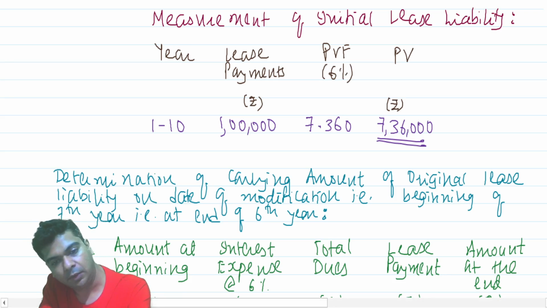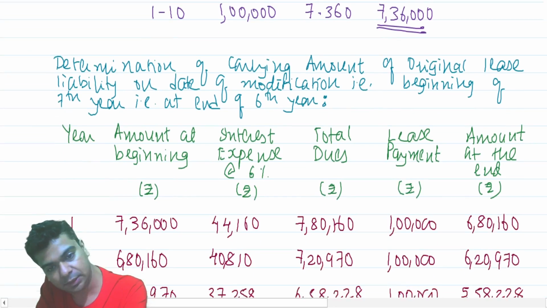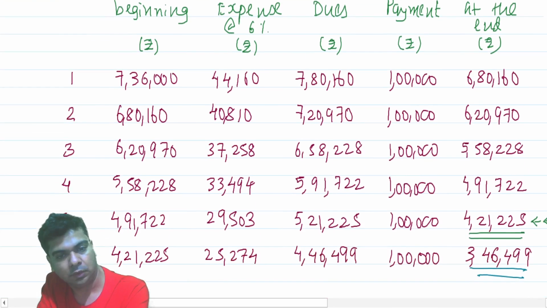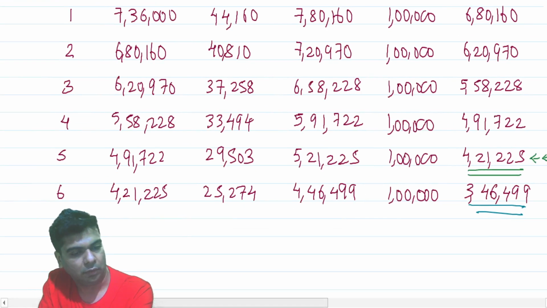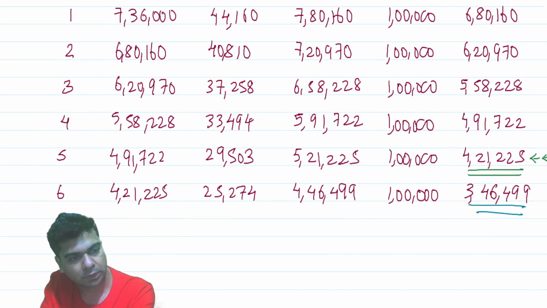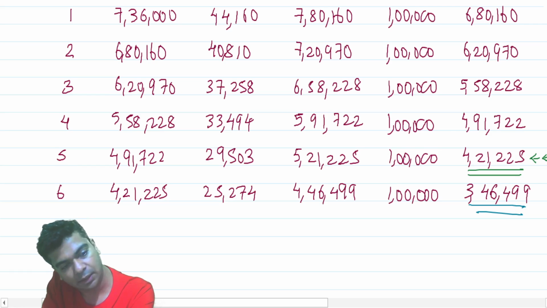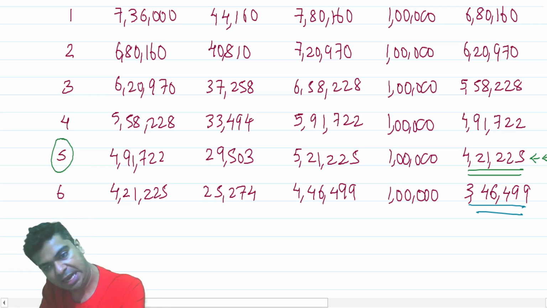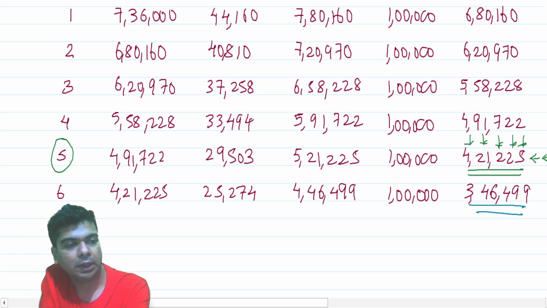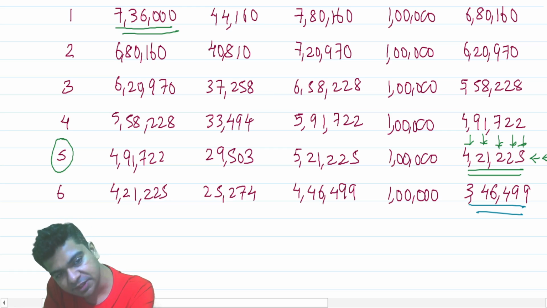I'll show you that. This was the working that we had done in the earlier question. So here is the 5th year, right? And here is that amount, 421,225. This is the original amount. See, 7,36,000.